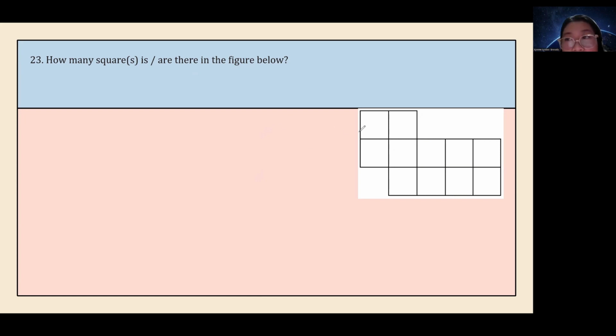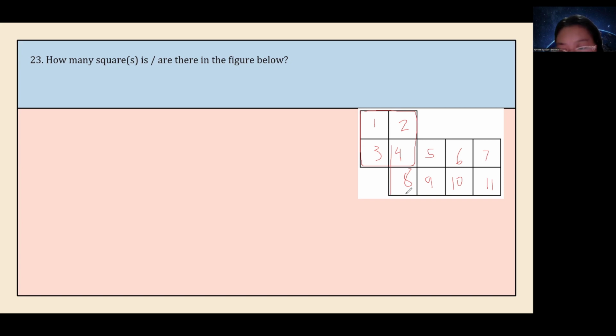But let's count the one by one squares first, or the unit squares. 1, 2, 3, 4, 5, 6, 7, 8, 9, 10, 11. So we have 11 unit squares. And then let's try to check if we can have 2 by 2 squares. So this one is a 2 by 2 square. 1.